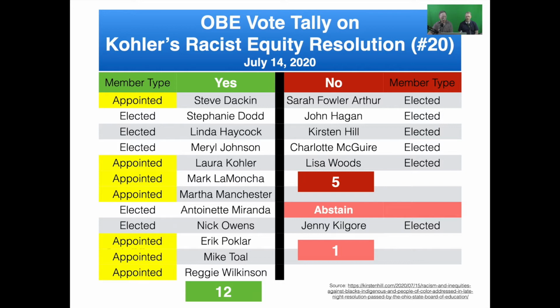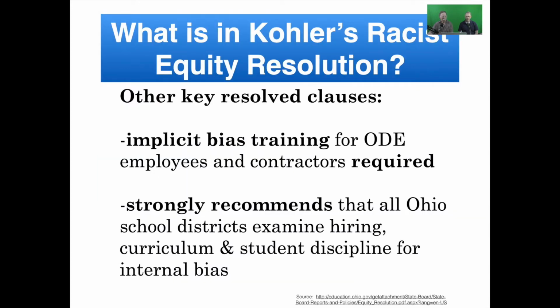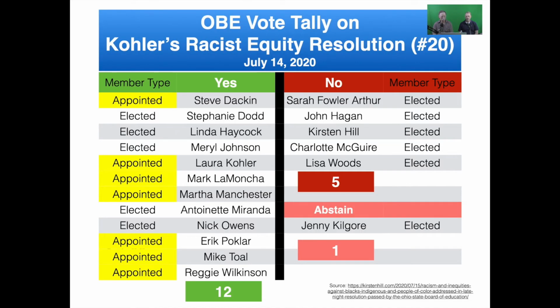And just so everybody's clear, the resolution itself is basically promoting and codifying and strongly recommending that local school districts take a look at their hiring, their curriculum, their staffing for any internal or implicit bias, and so it's pretty egregious.